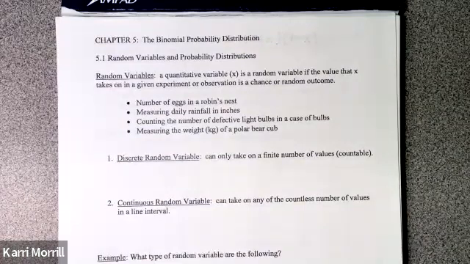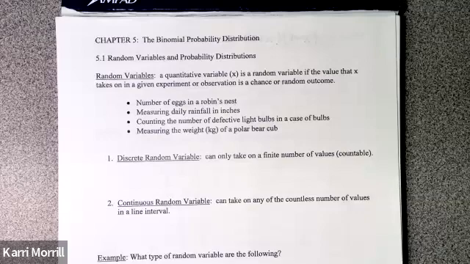Measuring daily rainfall. Counting the number of defective light bulbs in a case, or measuring the weight in kilograms of a polar bear. So we just call those random variables, a quantitative variable.